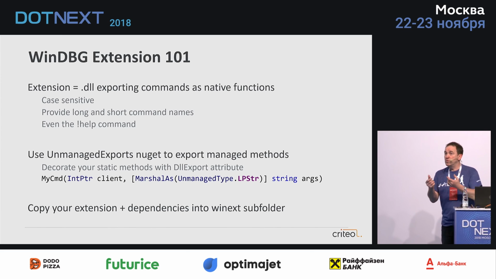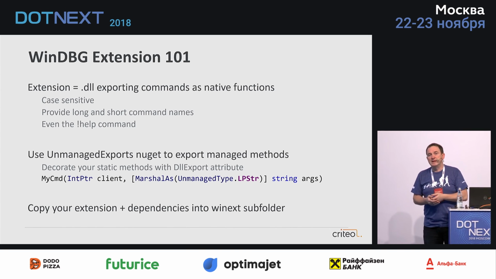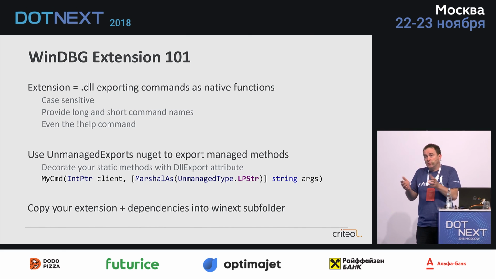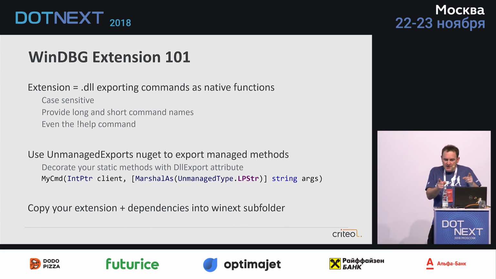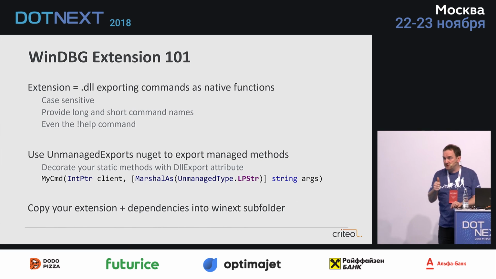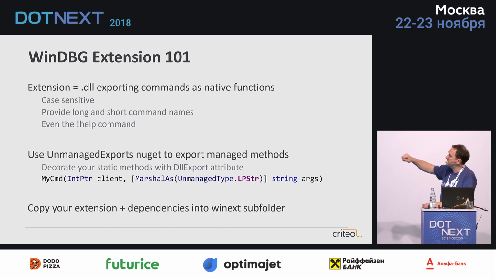Because you want to be able to accept some parameters after your command. If you have used SOS, one of the commands that we use a lot is dumpheap, and you will almost all the time type dumpheap -stat. And you want to know the parameters, and this is where you get the arguments as one string. So all your functions will have the same signature.